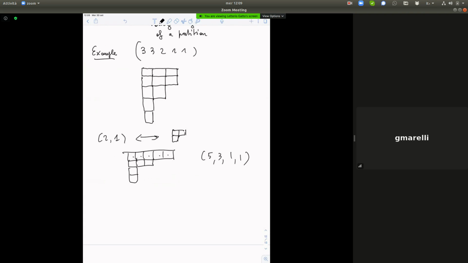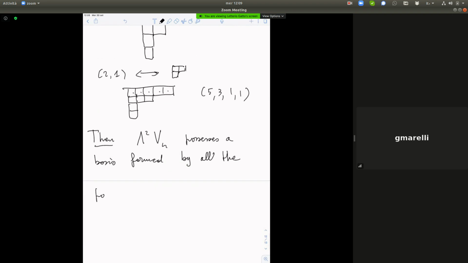So in our case, then wedge 2V4 in our exercise possesses a basis formed by all the partitions contained in a 2 times 2 square.